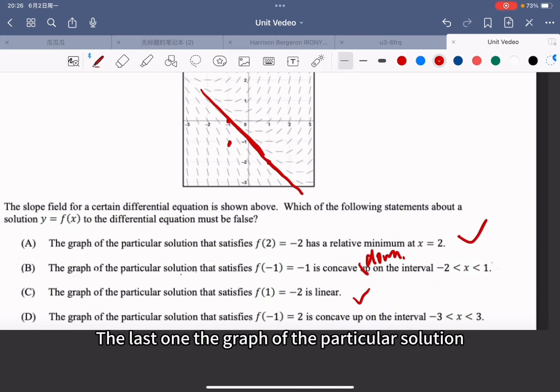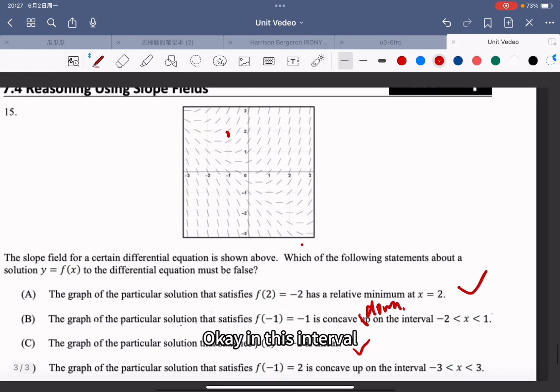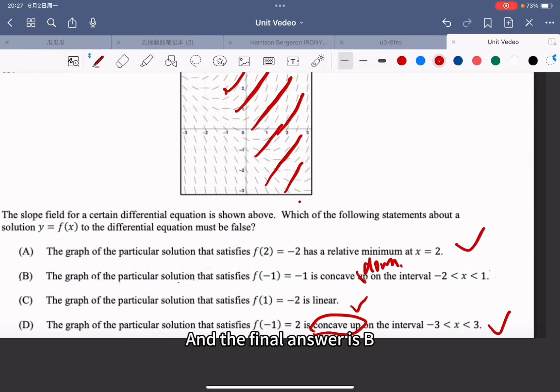The last one, the graph of the particular solution that satisfies f(-1) equals 2 is concave up on the interval -3 to 3. Let's also find the point (-1, 2). Okay, in this interval, it is increasing. So the correct and final answer is B.